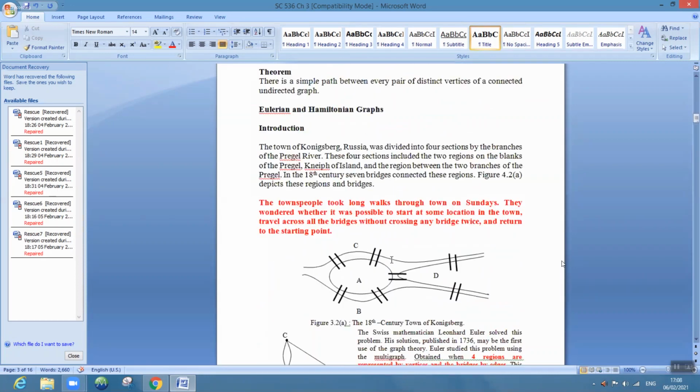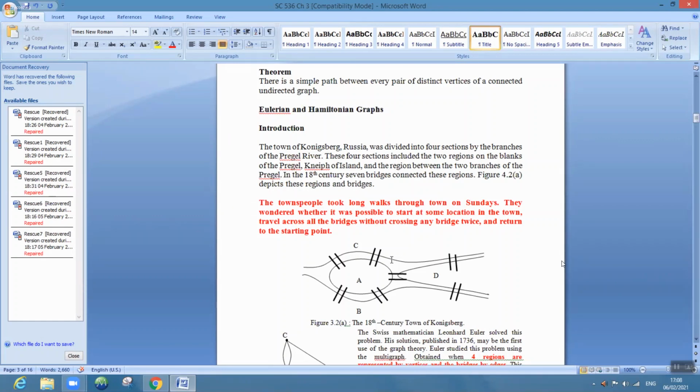Here you can find a path in any graph. Then we are going to introduce Euler and Hamiltonian graph. The Königsberg bridge problem I have already explained in the introduction or the history. So here a river is flowing through this city or town, Königsberg town, and sometimes we call the river breaking into two islands.